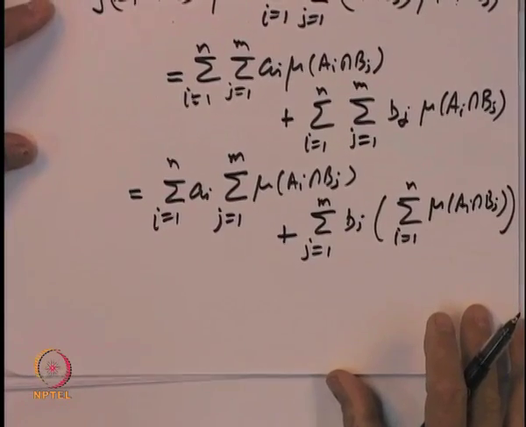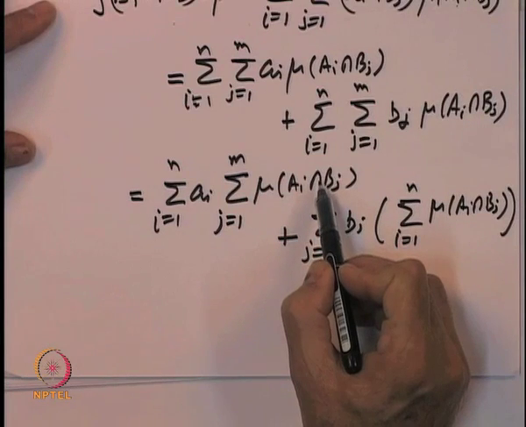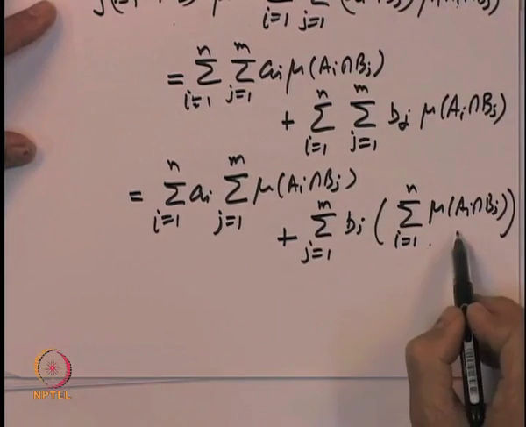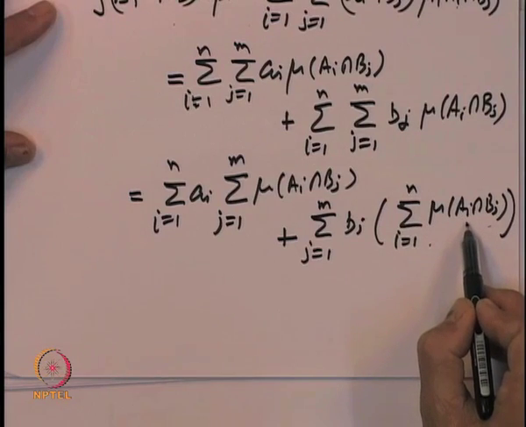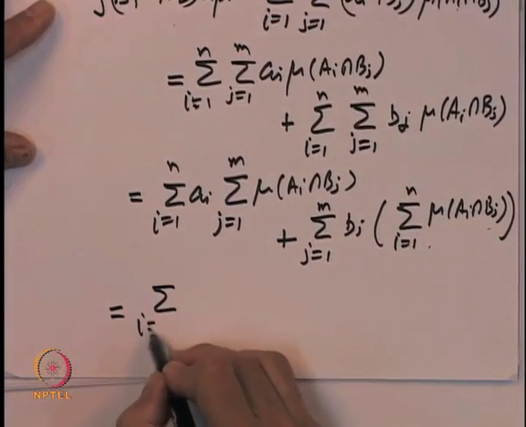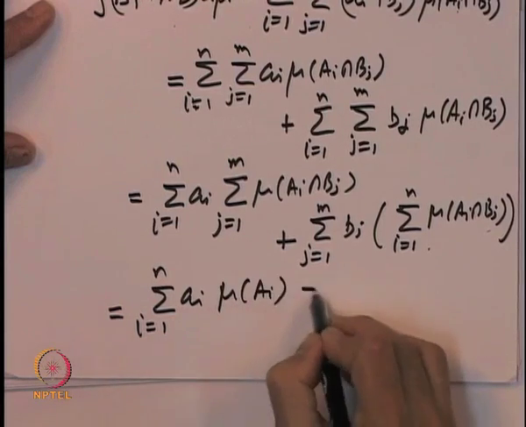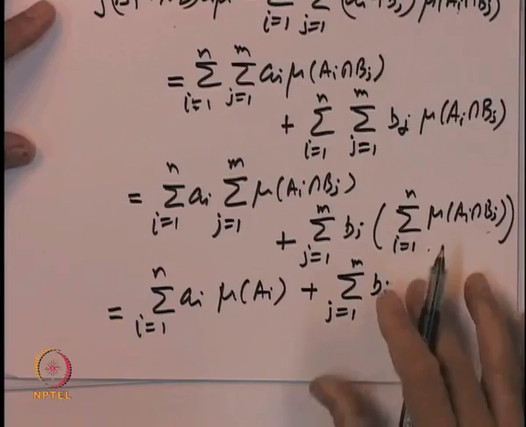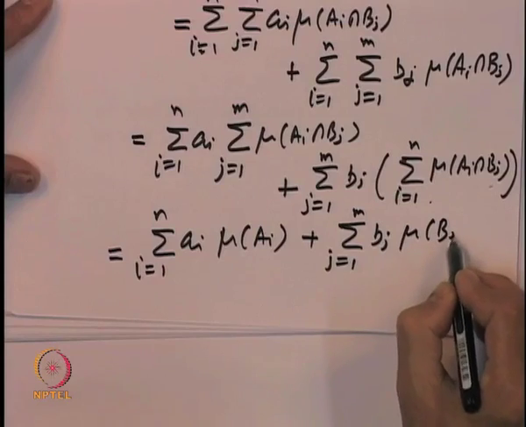And now, we observe that the first sum, by the finite additivity property of the measure, is nothing but mu of A I, and this summation over I is nothing but mu of B j, because the A I's form a partition of X and here the B j's form a partition. So, the first term is equal to summation I equal to 1 to n A I mu of A I plus summation j equal to 1 to m B j mu of B j.